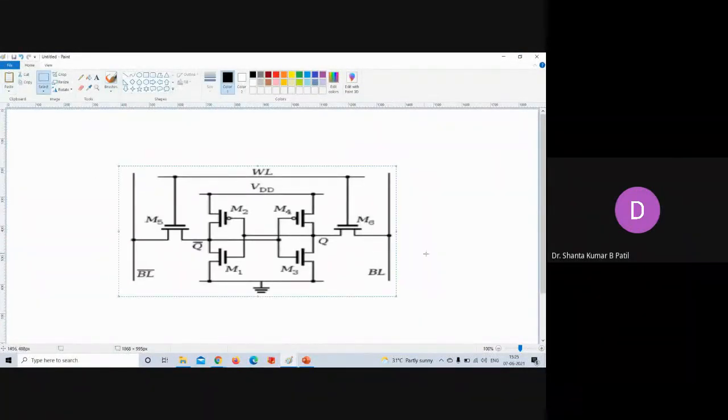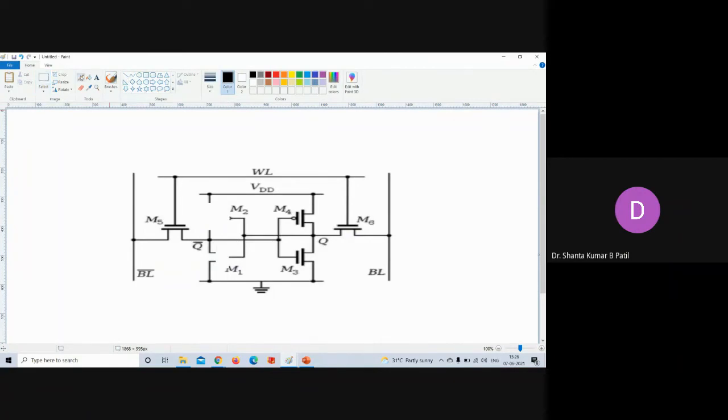See, when the base BL receives a high signal, it is connected to the base of this transistor. Now this transistor gets off, as I have shown in the first class. This gets open, and this transistor gets closed.